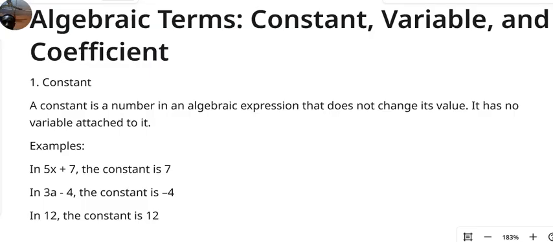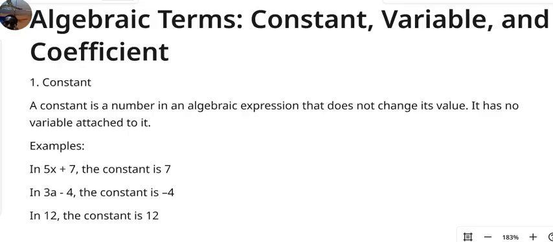Next is the coefficient. And then the last is the number of terms, which we won't cover in today's class. I actually want us to cover these first three, which are the most popular: the constant, the variable, and the coefficient.